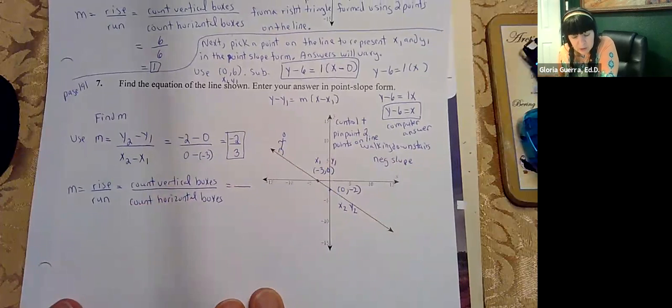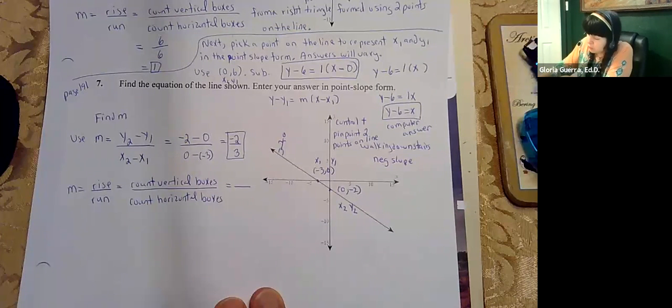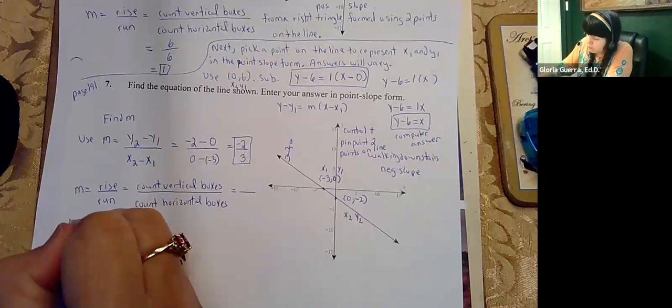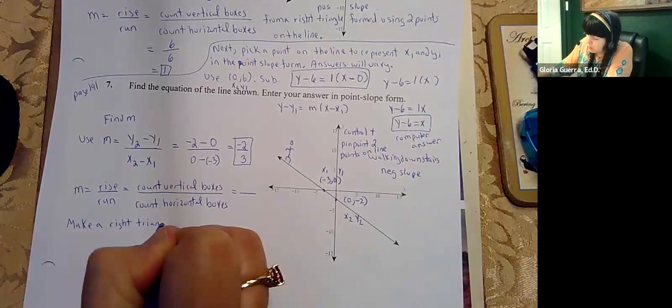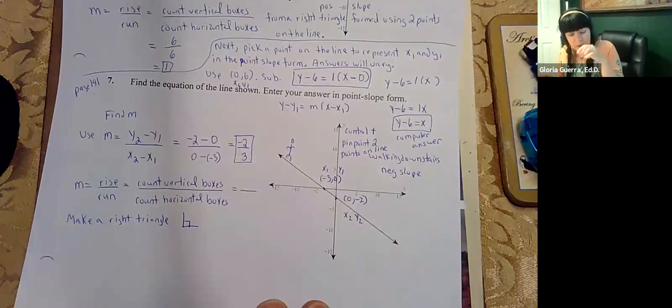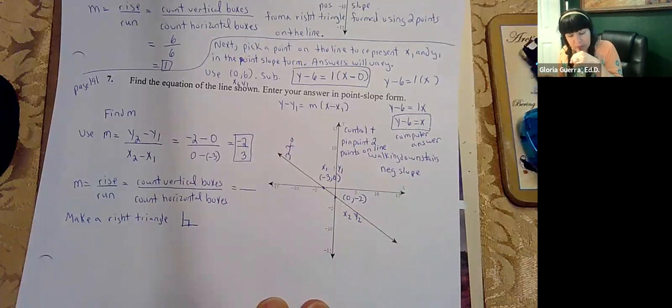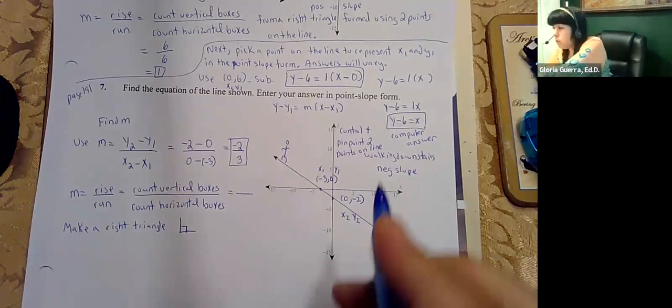Now, for this one, when you make your right triangle, you think of like a rocking chair or like an L. I always kind of think of like an L or like a rocking chair. And so this one, I made my triangle, I curved it this way.